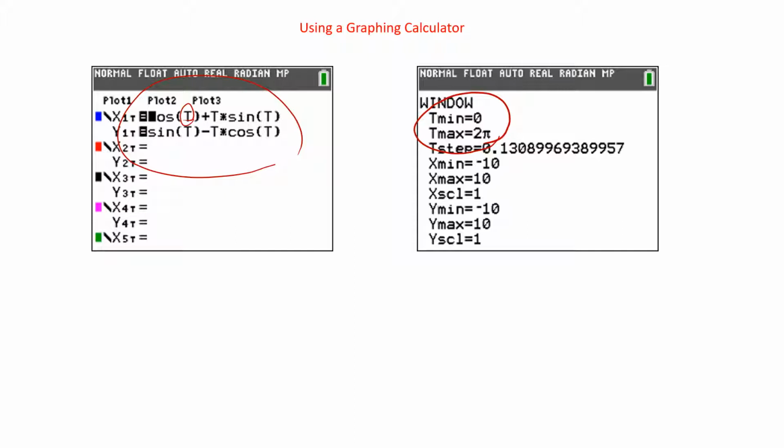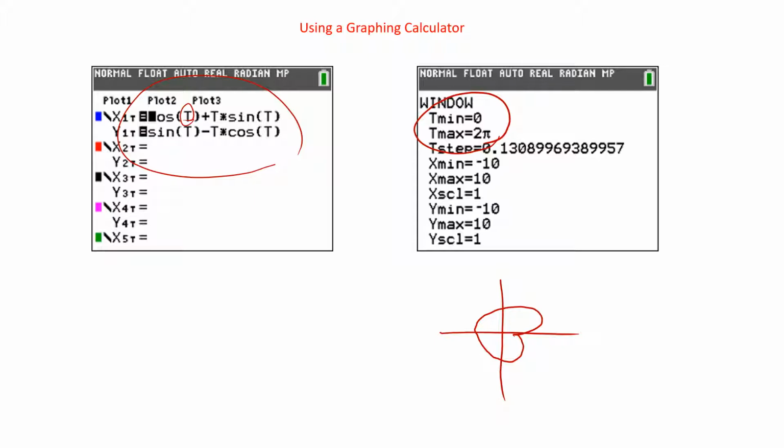Otherwise, you miss that piece in the middle that kind of gave you a little heart. When it went just the positives, it was a spiral. So the negatives sent it around the other direction, which gave it the cool look that it had.